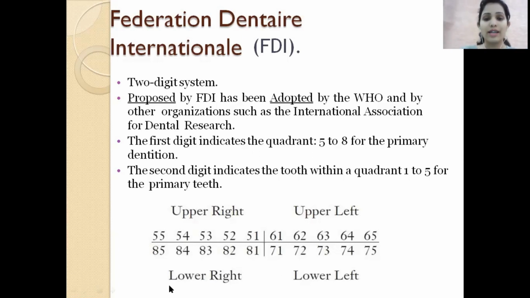So as an example, for the primary teeth, 5 is the first quadrant, 6 second quadrant, 7 third quadrant and 8 is fourth quadrant. So first digit would be the quadrant number and then next digit would be the tooth number. So if you have to denote our right upper central incisor, that would be 5-1.